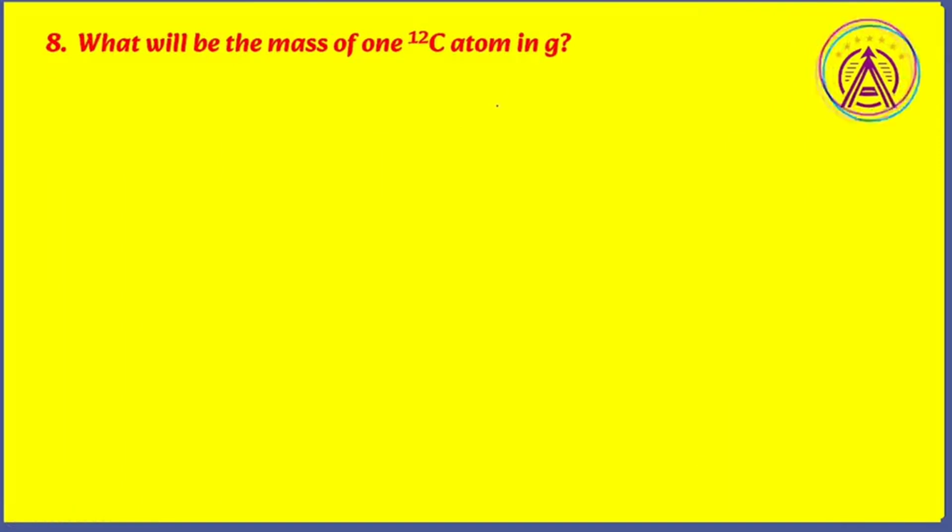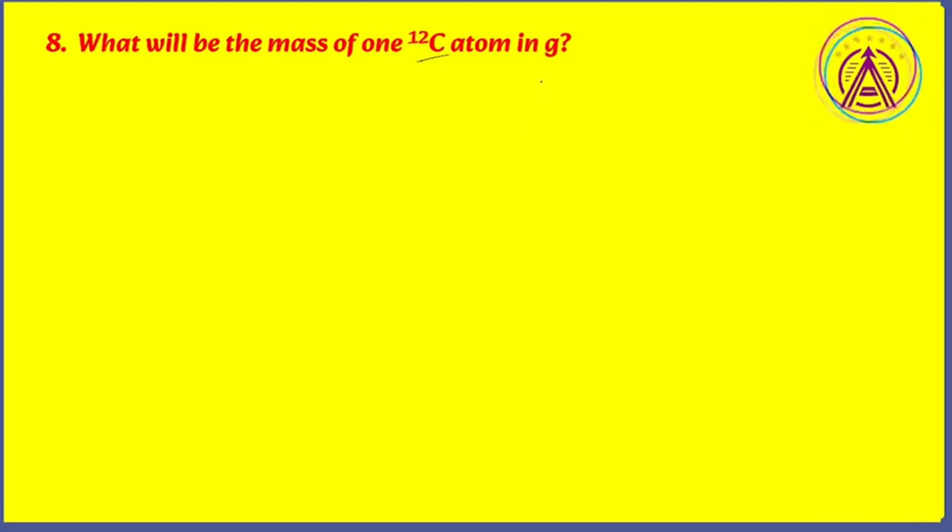Question number 8. What will be the mass of one carbon 12, C12, atom in grams? So this was discussed, I think, in the second video where we were speaking about atomic mass and molecular mass. I told you, we took a relative standard, which is the carbon 12 isotope, and based on the number of protons, electrons and neutrons on it, we gave it a mass.